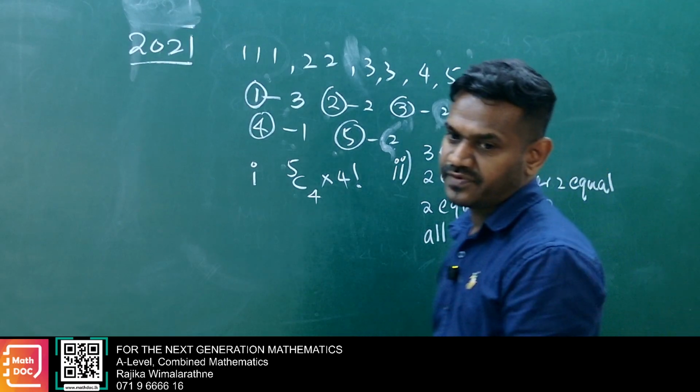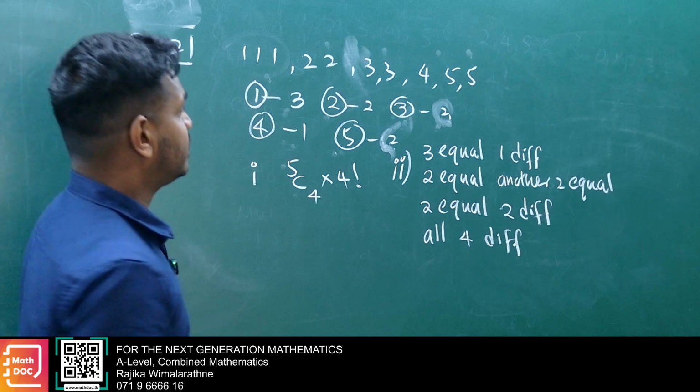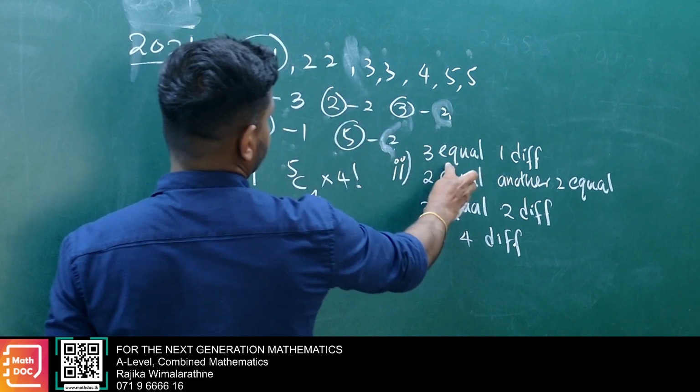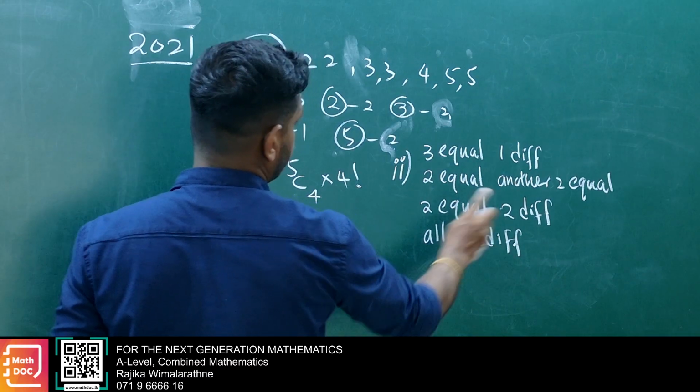Likewise, we can classify them. So we can select 3 equal 1 different, 2 equal 2 equal, 2 equal 2 different, or all 4 different.